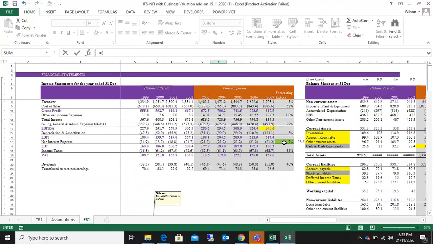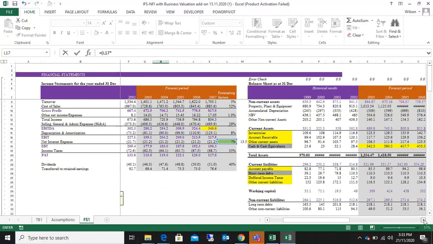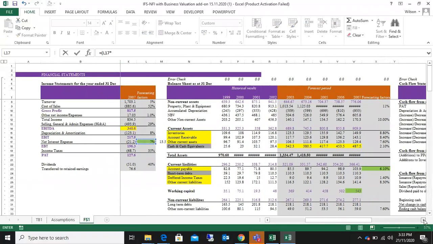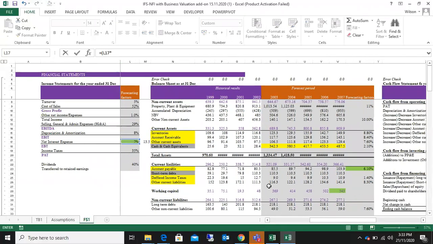What we're going to do is open a bracket and say this times the short-term debt in the balance sheet for the forecast period, which we are going to pick here. And of course, we're going to fix this.